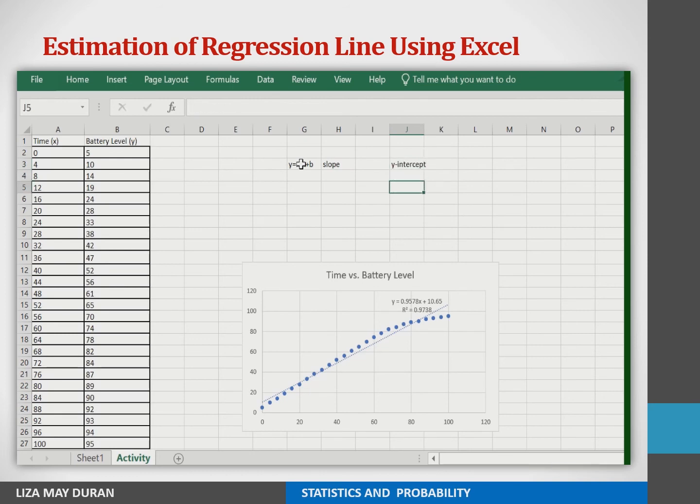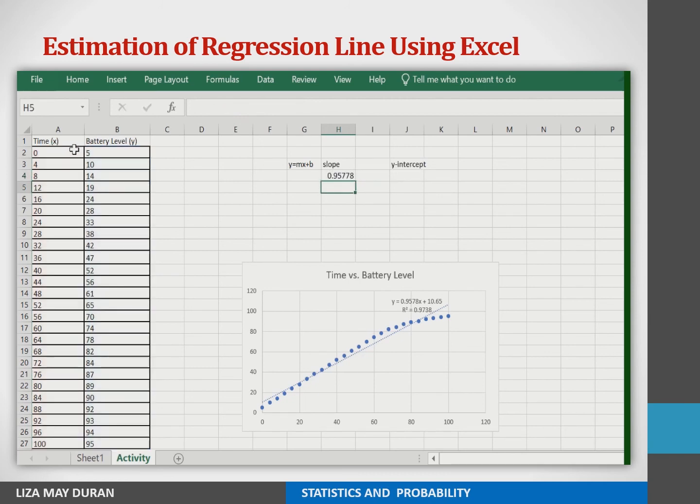Recall that slope is given by rise over run, so we can just use the SLOPE function, with the known y values and the known x values. First input the y values from 5 to 95, followed by the time from 0 to 100, and then enter.